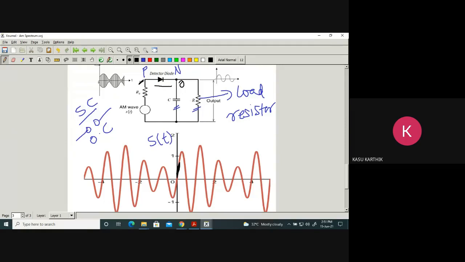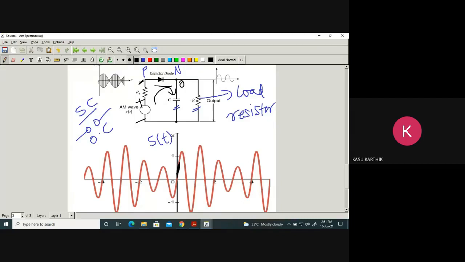In forward bias, you can replace the diode with a short circuit. Then this source is connected to the circuit. This is the path you get. Now this capacitor starts charging. Whenever the diode is forward biased, the source is connected to this capacitor. The capacitor starts charging.